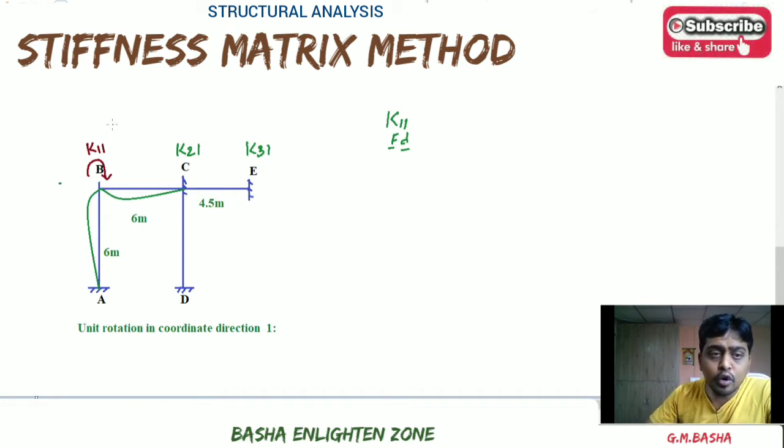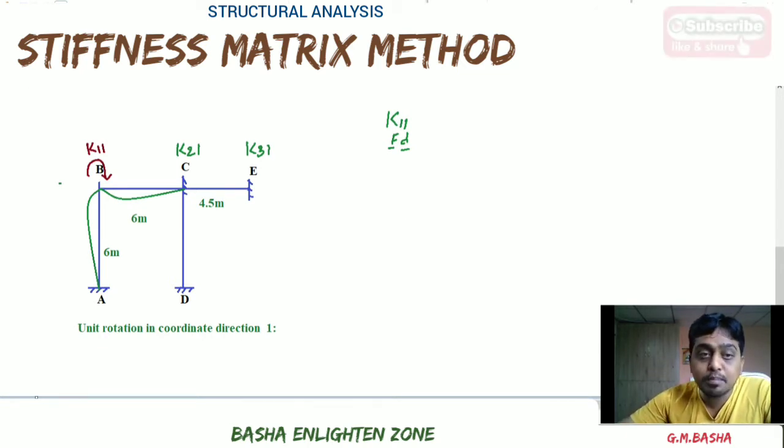So already I told you, the unit value for K11 will be equal to 4EI by L. I already explained how you get that unit value based on the slope deflection equation.